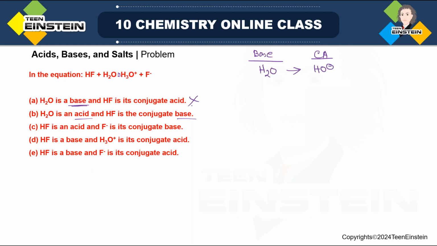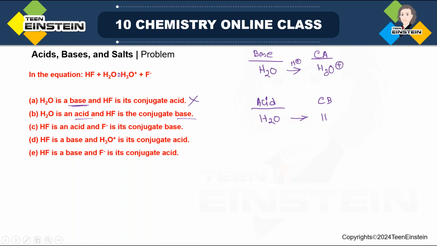It is saying H2O is an acid. Fine. So its corresponding conjugate base should be, sorry, here I have written by mistake. If H2O is a base, its corresponding conjugate acid, after accepting H plus, will be H3O plus.